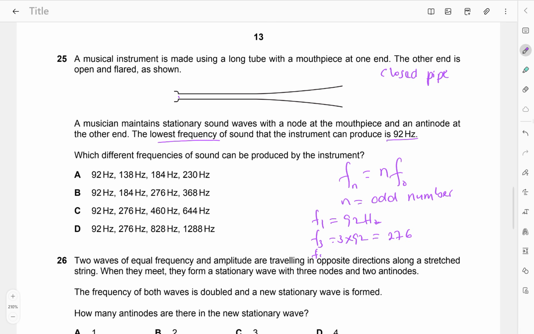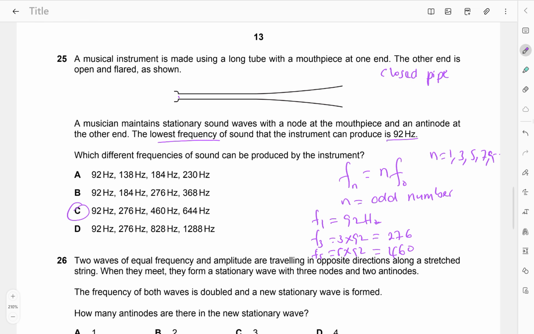The next one will be F5. F5 is 5 times 92. We are just taking odd numbers. n is 1, 3, 5, 7, 9, and so on. So 5 times 92 is 460. Without even checking the next one, I think the answer is going to be C.